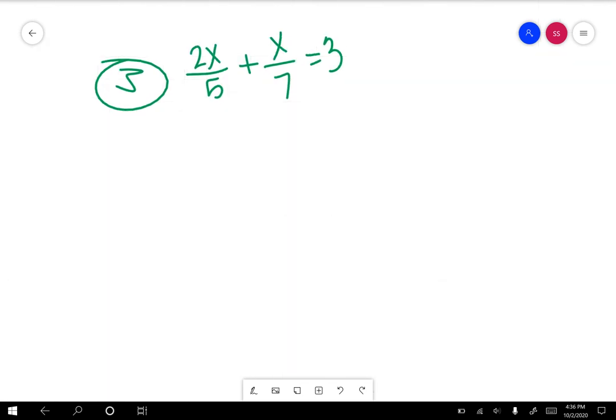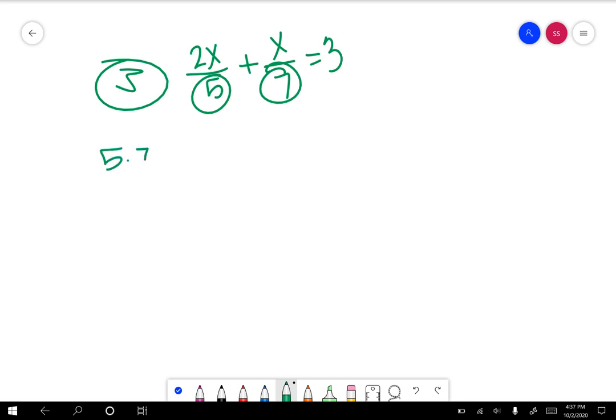On the other problem, we multiplied by both d and b down here. So if we did the same process on this equation, we can multiply by both 5 and 7.